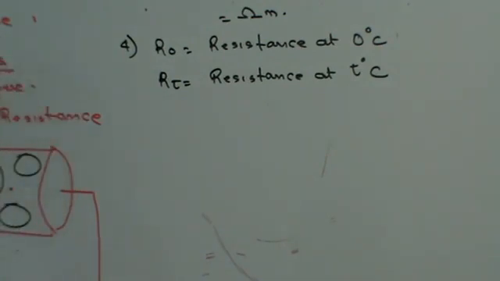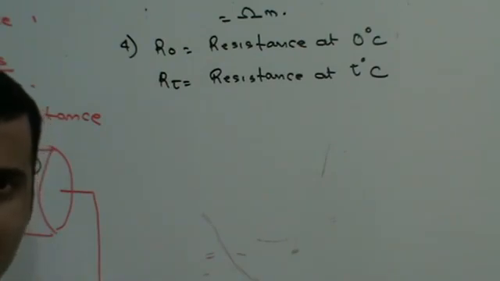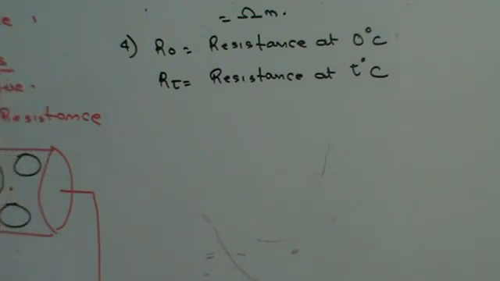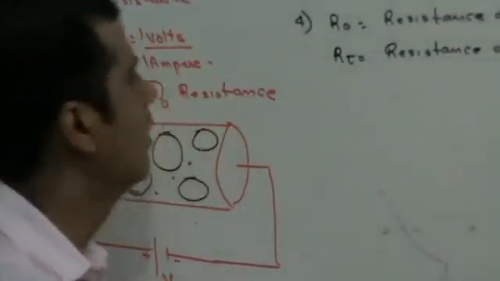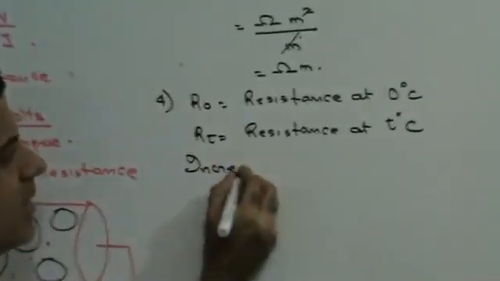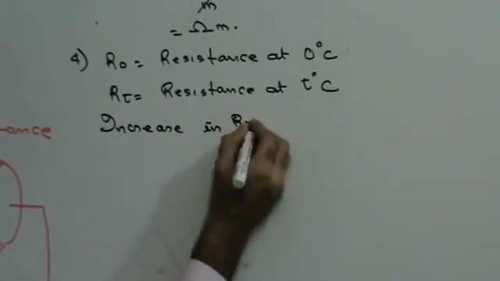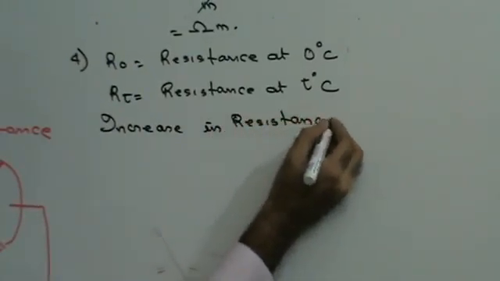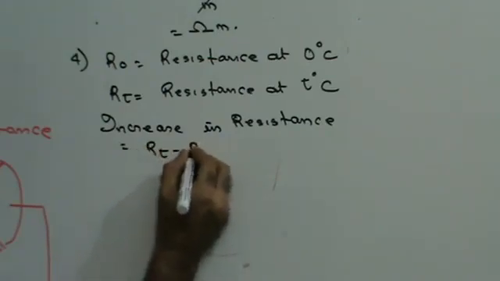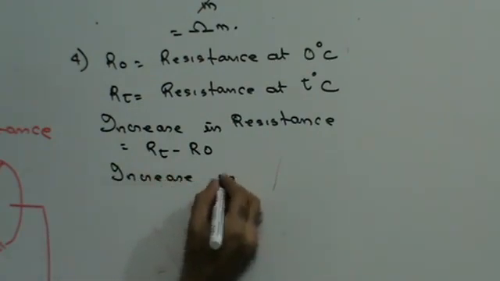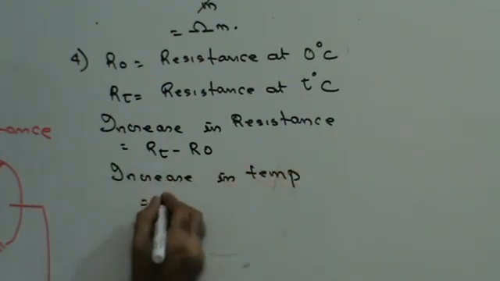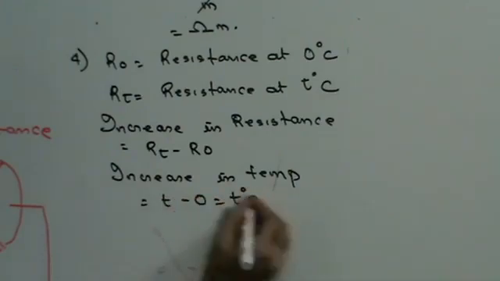When you heat any substance, its length increases, and we know that resistance is directly proportional to length. As the length increases, resistance will also increase. So, how much is the increase in resistance? It is RT minus R0. How much is the increase in temperature? T minus 0, that is T degrees centigrade.